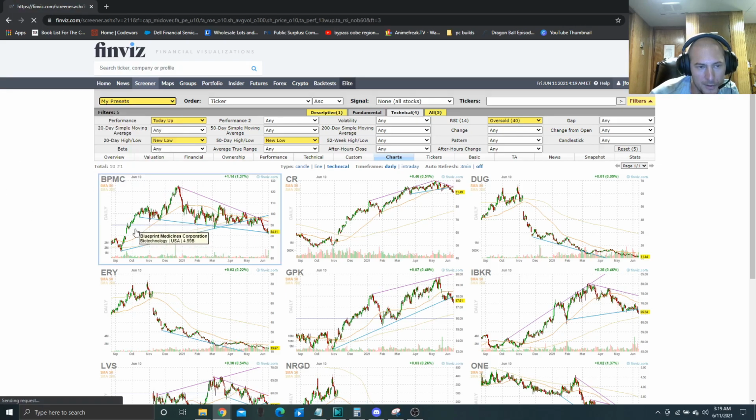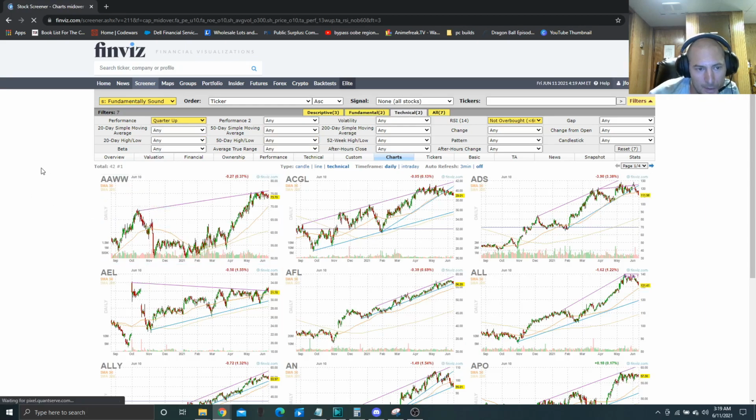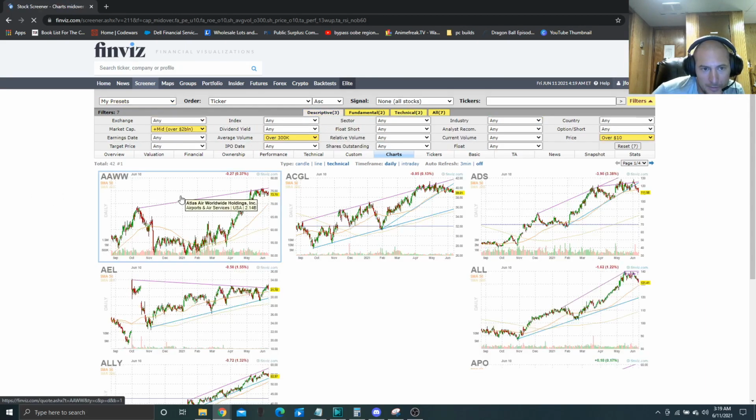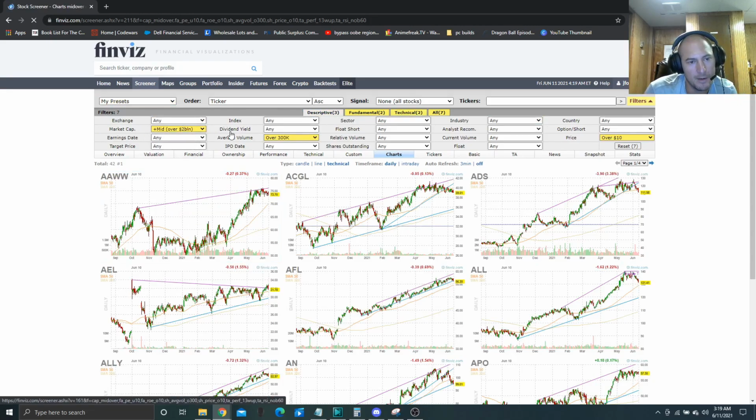Here's this fundamental scanner that I was telling you guys about. And we'll just go over that really quickly. So we're looking at mid-cap companies over 2 billion, average volume of over 300,000, price over $10, because I don't want to trade companies worth less than $10 for a fundamental scan.